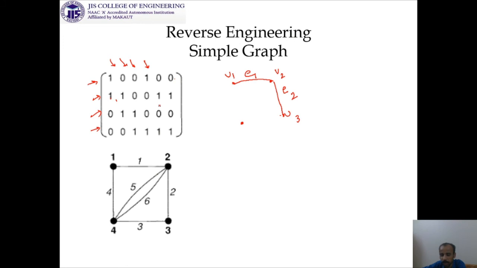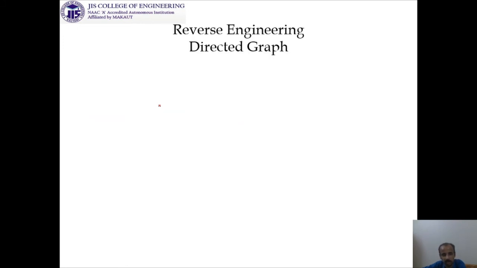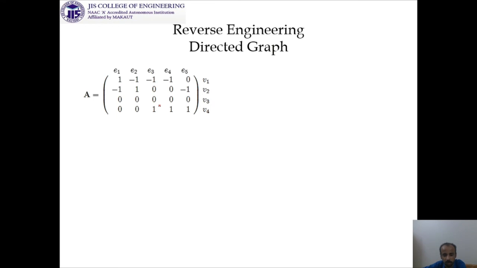The same pattern will be followed for the next structure, that is directed graph. Now as you know, the directed graph is going to contain 1, 0 and -1. Now you will have 1, -1 in E1, then -1, 1 in E2. But before that you have to count how many rows are there. 4. So first your job is to generate these 4 vertices.